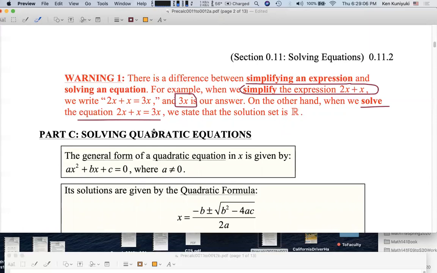Well, all real numbers. Our answer to a solve an equation problem is a solution set, which here is R. So remember, there's a difference between simplifying an expression, in which case we'd say 2x plus x is 3x, and solving an equation, in which case we'd say the solution set to this equation is R.